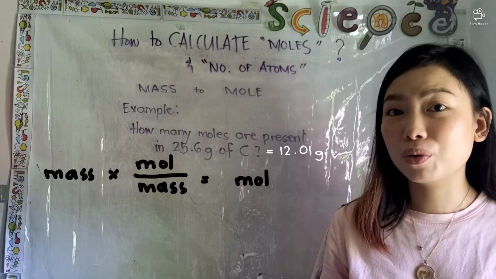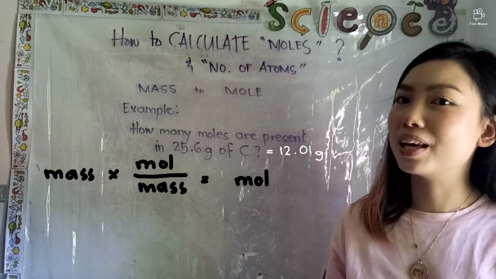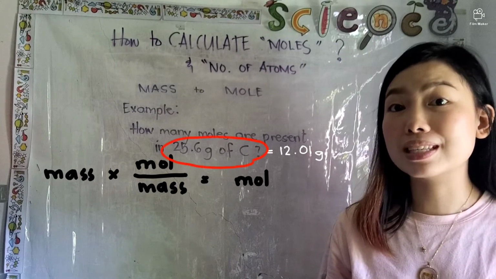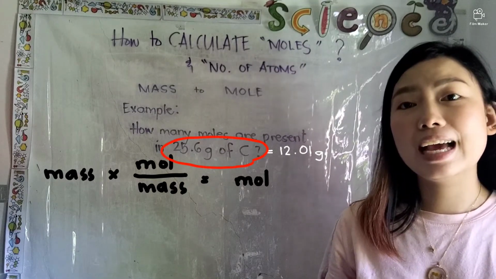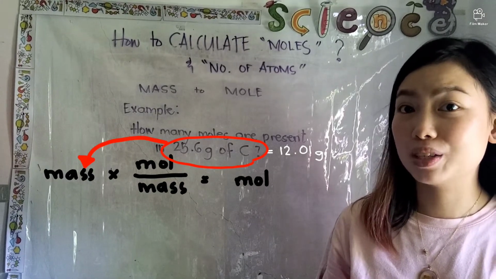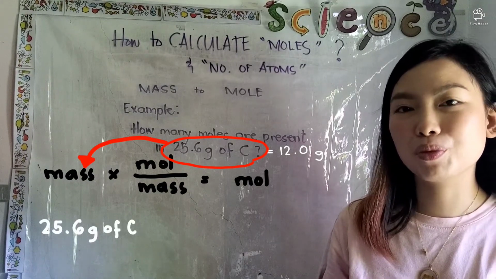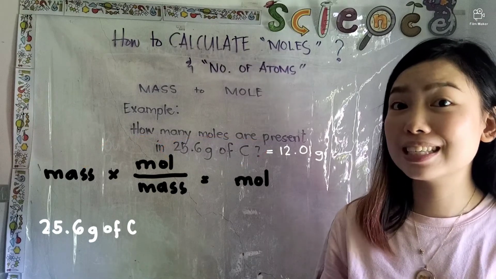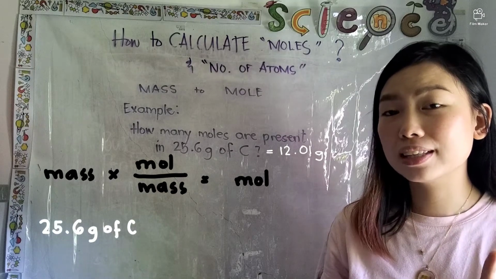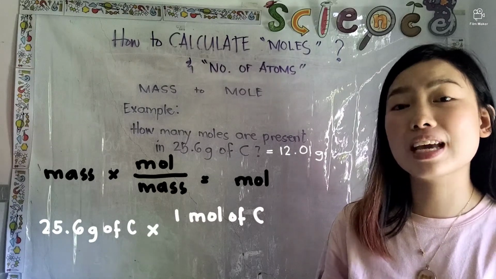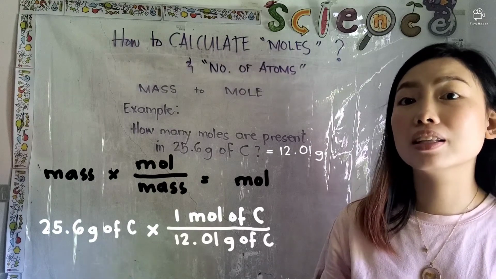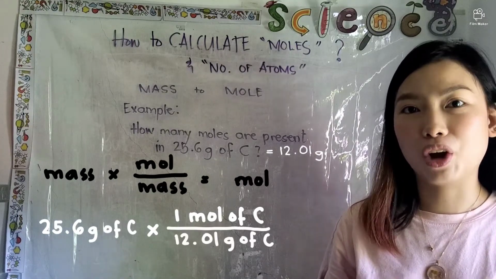Let us have now the given in the formula. So, yung given natin ngayon na 25.6 grams, ang siyang ilalagay natin na mass sa ating unang mass sa unahan. So, we have 25.6 grams of C multiplied by, since we only have 1 carbon, then 1 mole of C ang ilalagay natin sa taas, then divide it by the mass of the carbon.